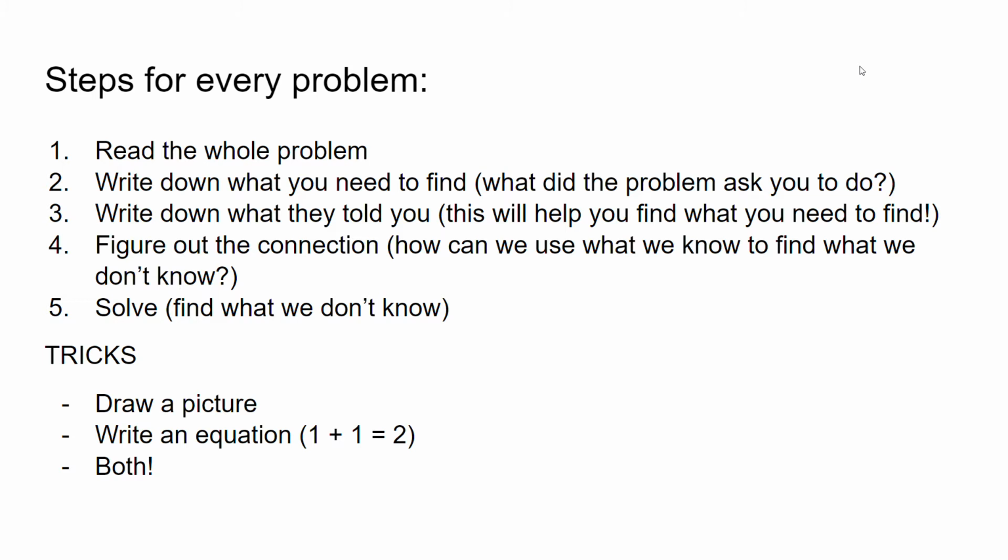An equation is just anything with numbers and an equal sign, like 1 plus 1 equals 2. Or if a problem has a picture, sometimes you can find an equation from a picture. You can use the picture to write numbers down and put them in an equation to solve. So that problem, you would do both. Those are just some tricks to help you.